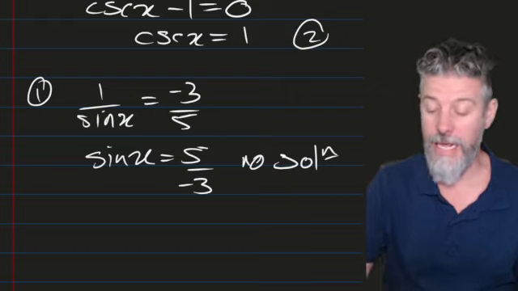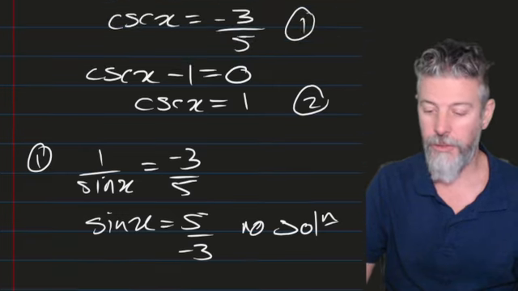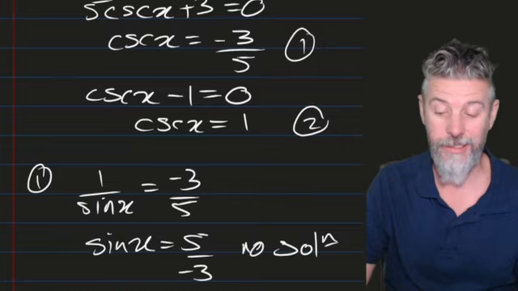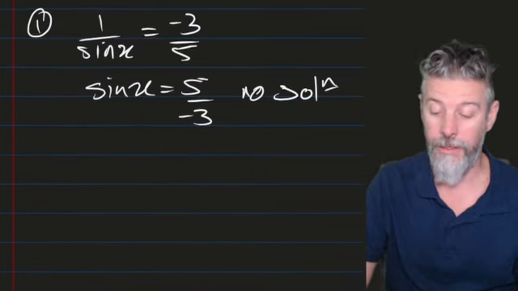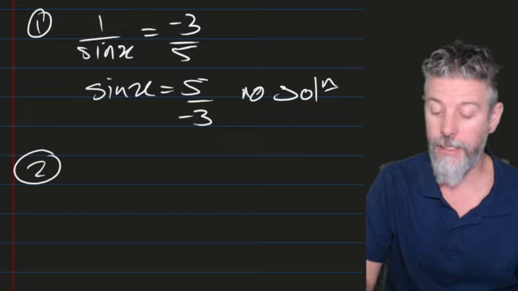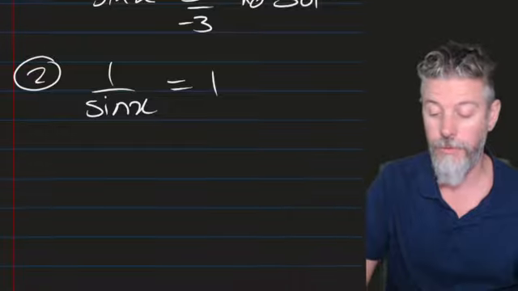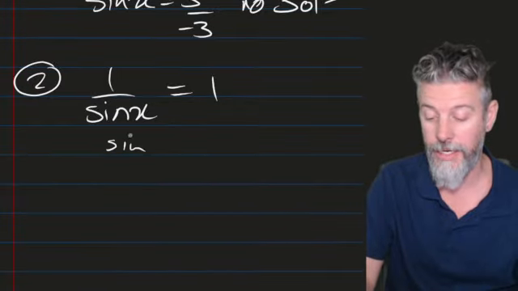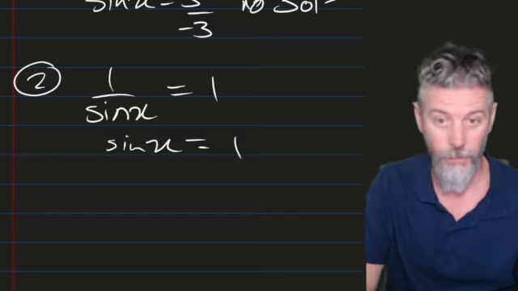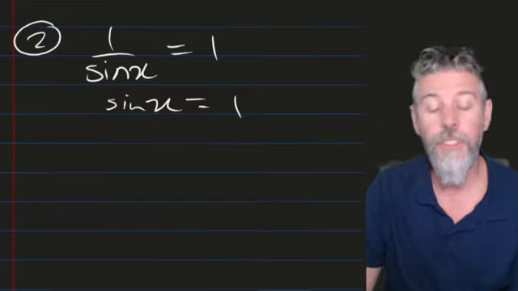Okay, so then we'll look at the other equation, cosec x equals 1. We'll write that as 1 over sine x equals 1, which if we find the reciprocal, we get sine x equals 1, because 1 over 1 is 1. And then we can solve that.